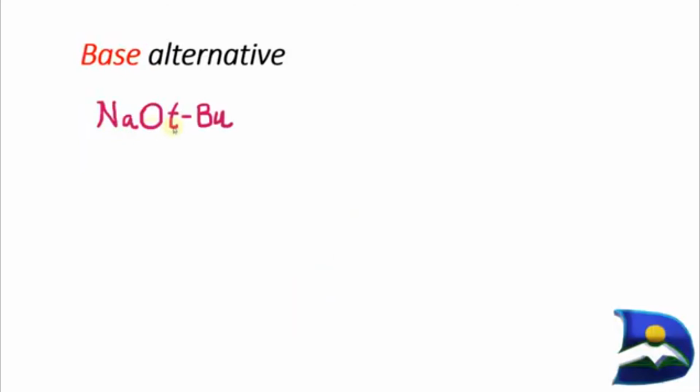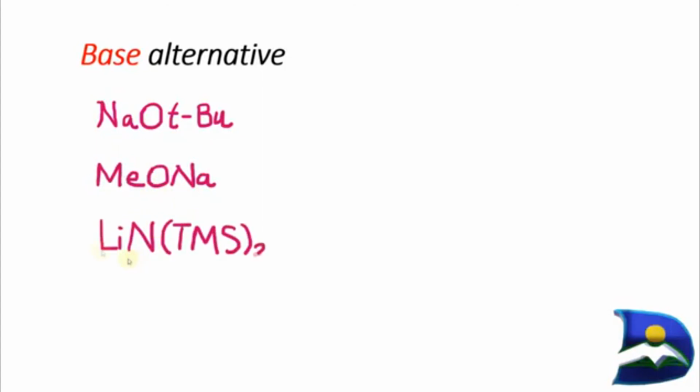We have sodium tert-butoxide, another alternative, which is sodium methoxide, and another one here is lithium amide, which probably has a negative charge for sure, so it's really interesting to see how this is a strong base that will easily deprotonate any form of nitrogen or amine in the complex. And finally here we have potassium carbonate, that is also a good base, a great alternative for this particular type of reaction.